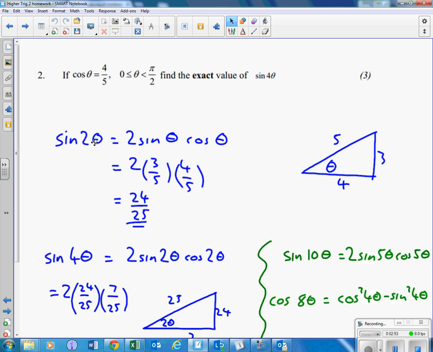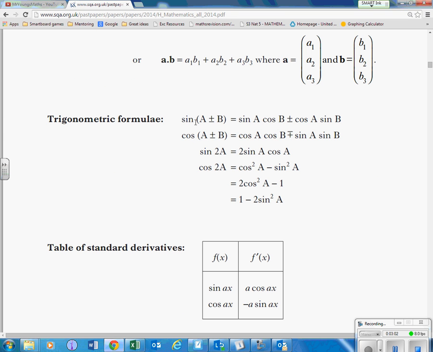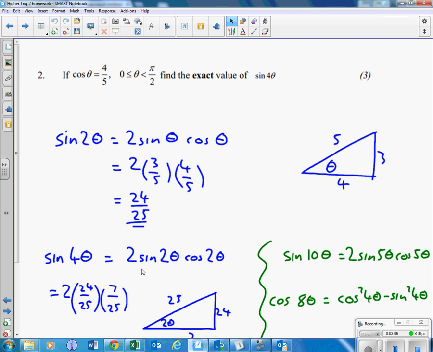If we can get that, then we'll be able to work out sin 4 theta, that we'll explain in a couple of minutes. So sin 2 theta is 2 sin theta cos theta. So sin theta, opposite over hypotenuse, 3/5. Cos theta, adjacent over hypotenuse, 4/5. 2 times 3 times 4 over 5 times 5, 24/25ths.